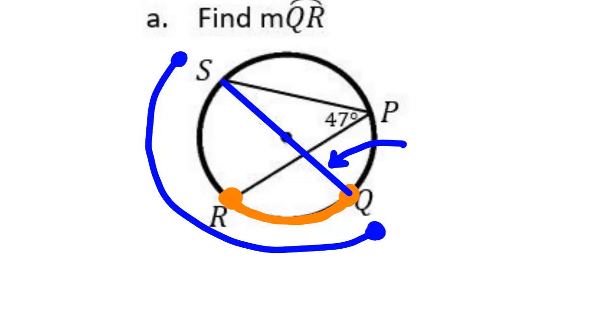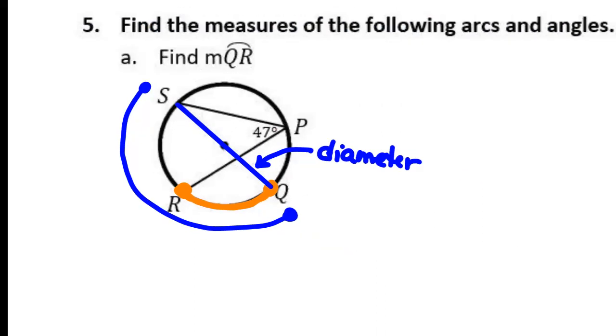Segment SQ would be a diameter. So because arc SQ is a semicircle, that means it measures how many degrees? 180 for a semicircle, half the circle. If I could figure out how big arc SR is, I could minus that from 180, and that's how I could find QR. Do I have enough information to figure out the size of arc SR?